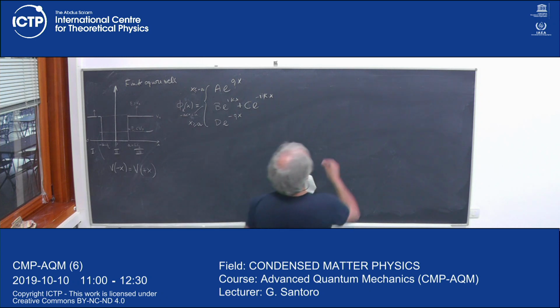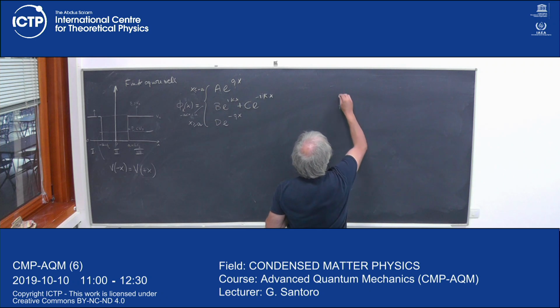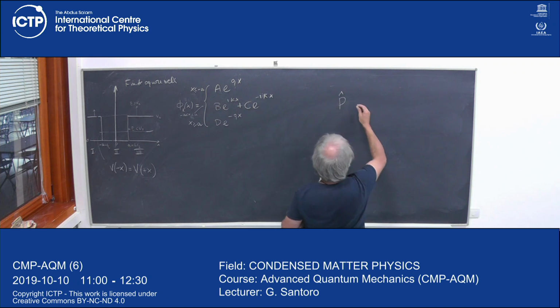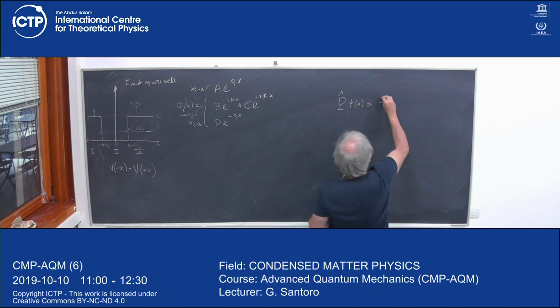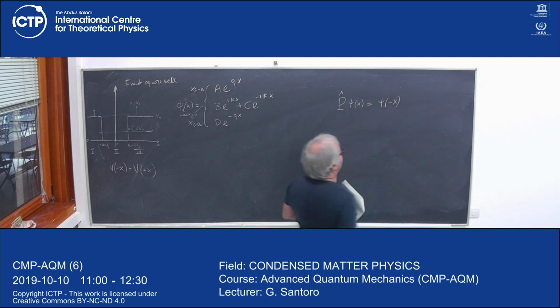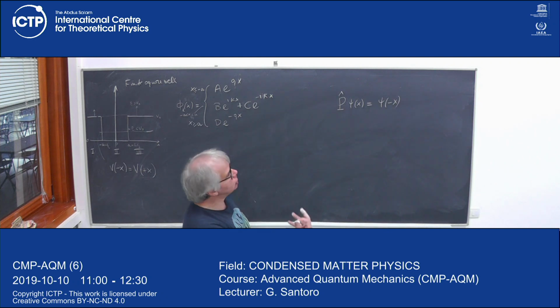They can be even functions, with the plus sign. If I apply the parity operator, which is not the momentum, it's the parity, and we will see later on, the parity operator is defined in the following way: it takes a function and changes the sign of the argument.